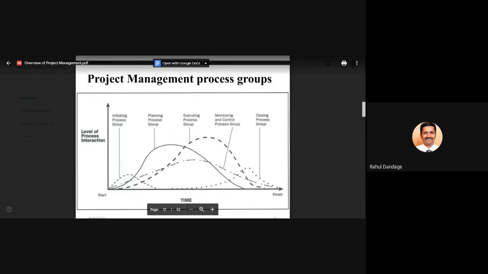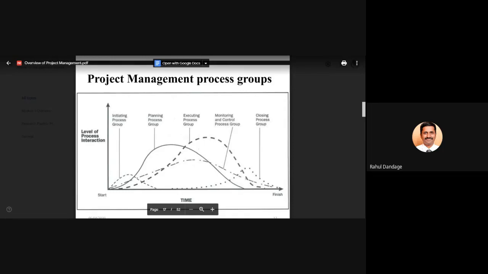The executing process group has the highest level of process interaction among all of these, and it goes almost up to the finishing point. The planning phase completes before this finishing time, but it also occupies more of your project lifespan, project life cycle, correct?